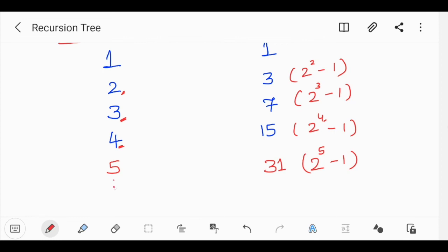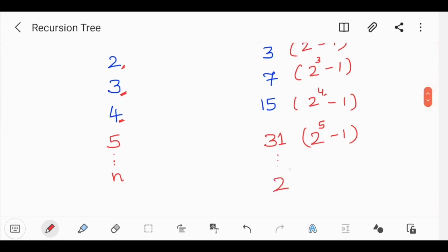So in general, when you're talking about n disks, your number of moves will be 2 power n minus 1. Okay, it's kind of exponential, 2 power n minus 1, right? Why is it 31?